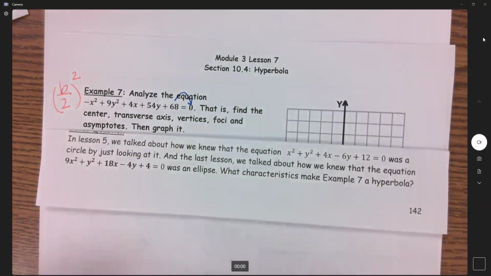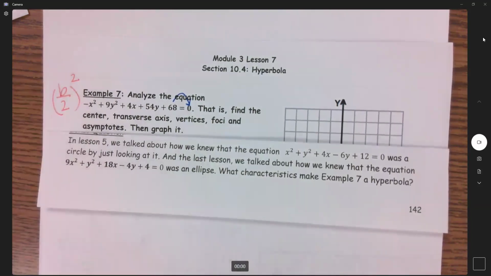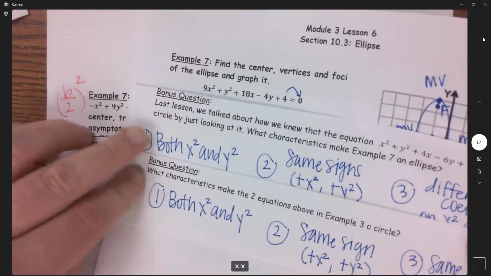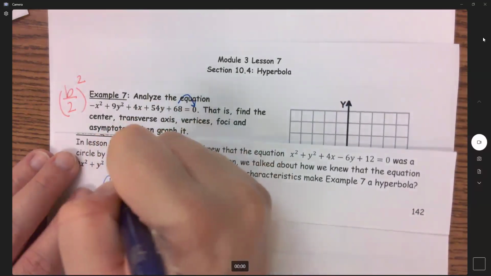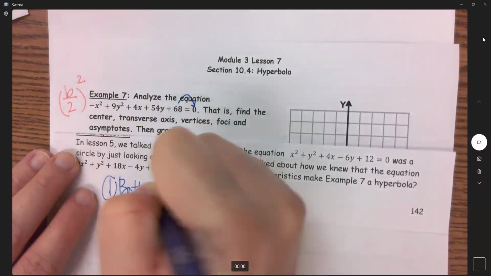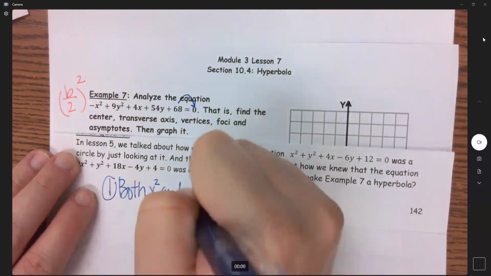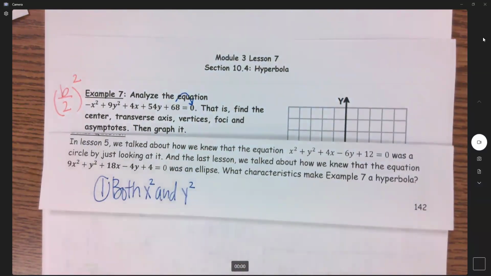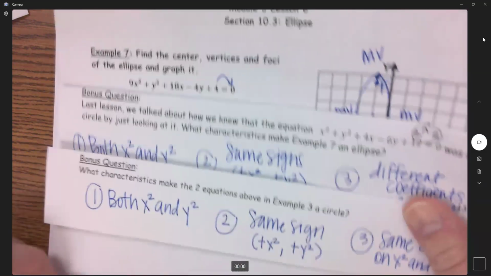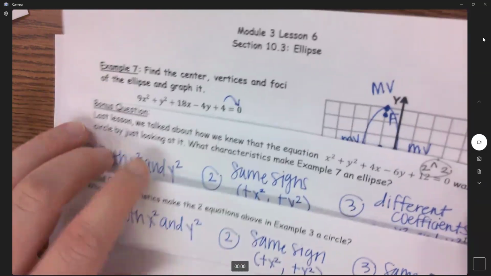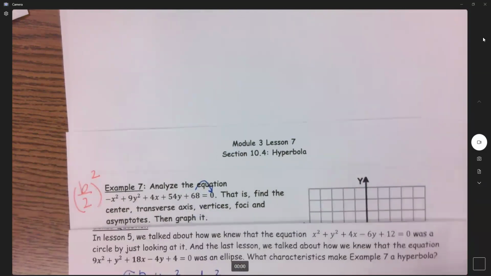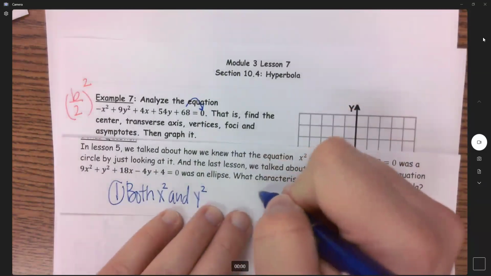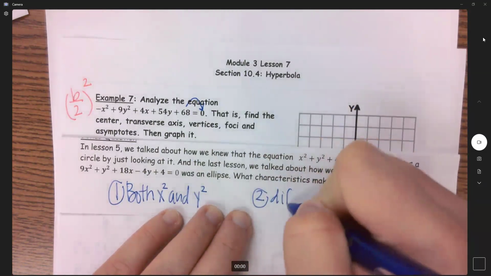So why do you think that this one here could be a hyperbola? It starts off still the same way. They both have an x squared and y squared. But what makes it different from these two is that these have the same sign. Now, because you have one positive and one negative, we have different signs.